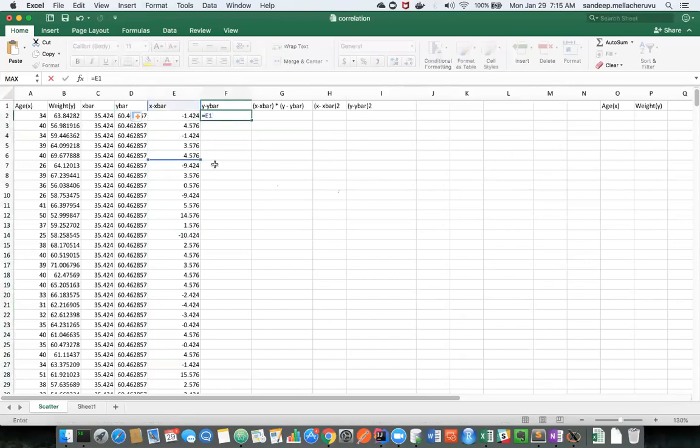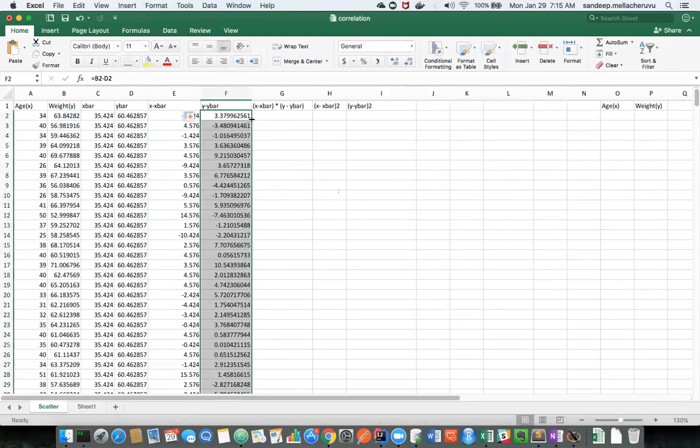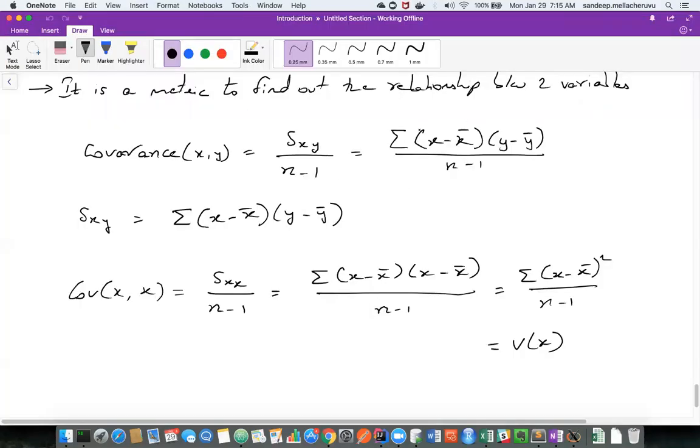Now I'm doing y minus y bar in this column. Y is here. Y bar is here. Okay, it is copied. Now what I have done till now is I calculated this quantity x minus x bar, and I have calculated this quantity as well, y minus y bar.